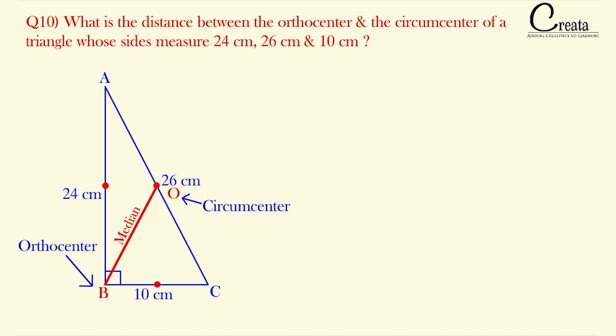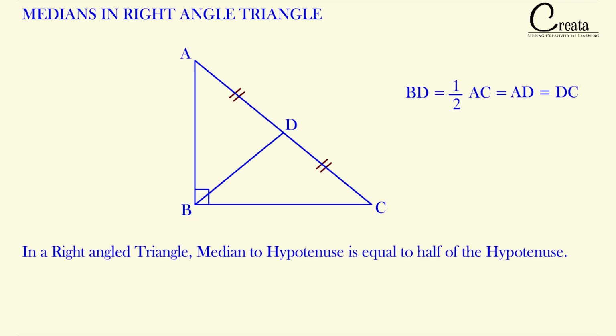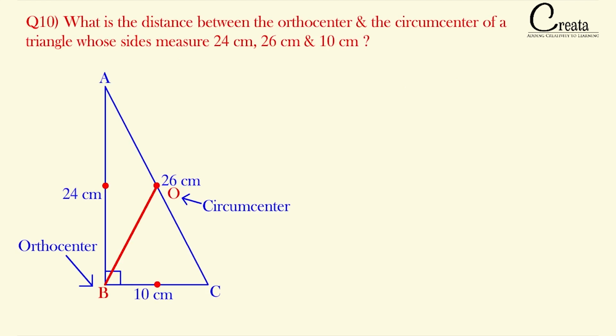So here, are you able to recall the fundamental that we have covered in the lecture of medians in a right angle triangle? The fundamental is that in a right angle triangle, median to the hypotenuse is half of the hypotenuse. So if we compare this with our figure, BO is the median and AC is the hypotenuse. So we got BO is equal to half of AC.